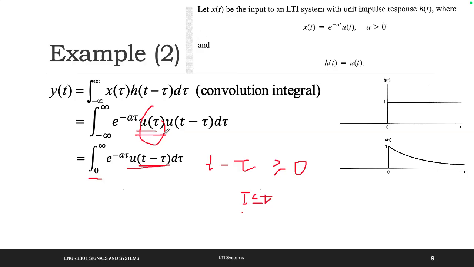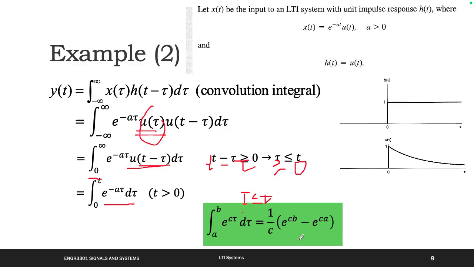In this situation tau should be greater than or equal to 0, and tau should be smaller than or equal to t. So tau should go from 0 to t, and here t should be greater than 0. Otherwise, this equation does not work.